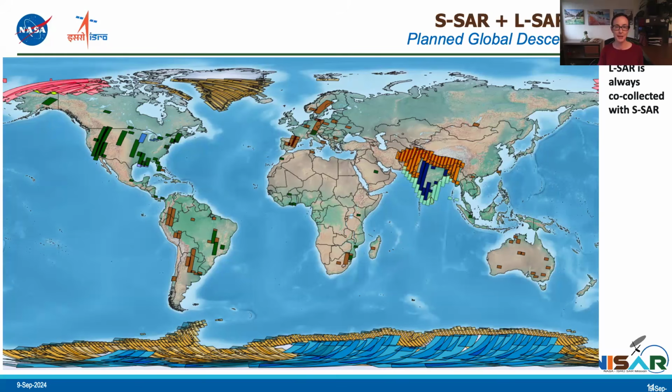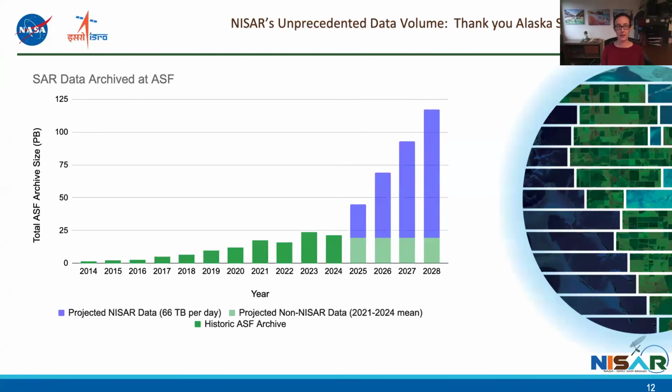One of the things that I think keeps many of us up at night in a good way is the following plot, which is that NISAR is going to be generating an unprecedented amount of data. This chart here is from the Alaska Satellite Facility, where they're showing the historic archive of different types of synthetic aperture radar, or SAR, data.